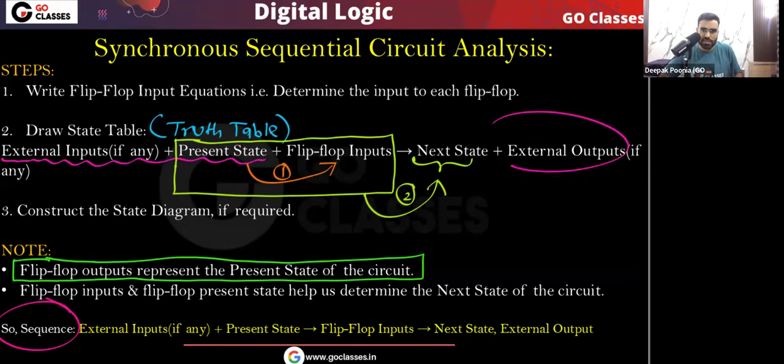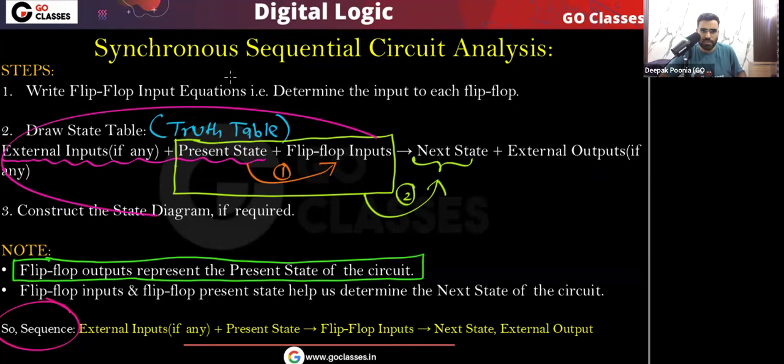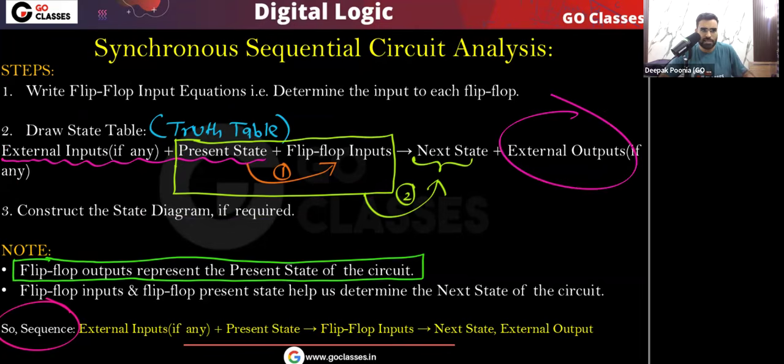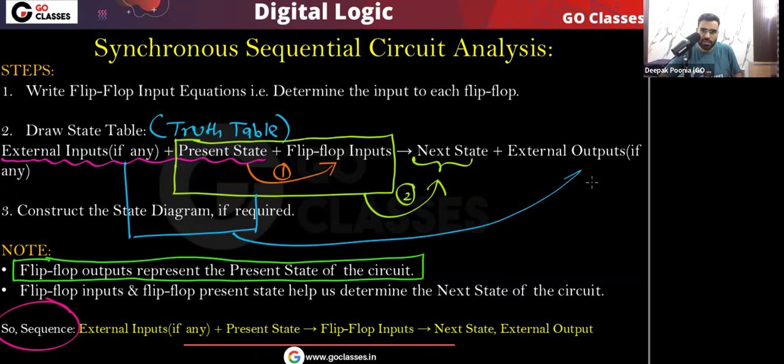If there is any external output, then remember, with the help of these three we will find the external output. With the help of external input, present state and flip-flop inputs, we will find the external output. This will be our computation 3.